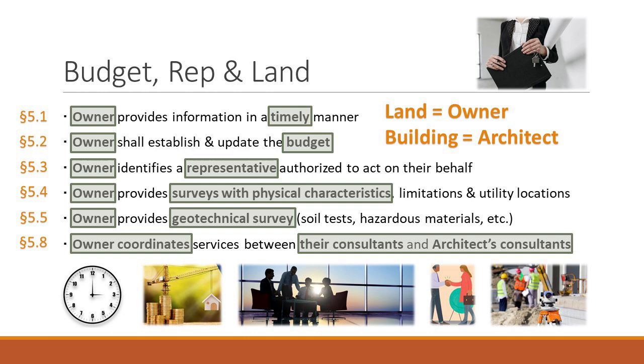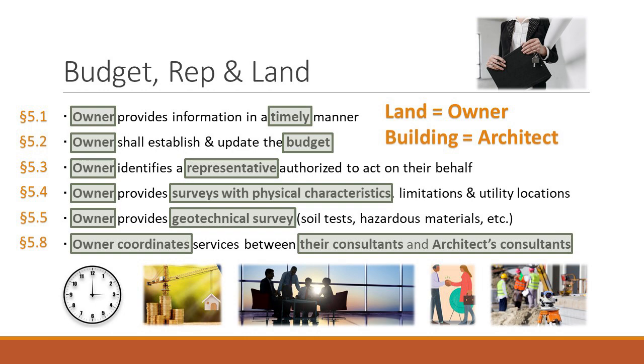5.4 and 5.5, geotech is checking what the soil conditions are. Think about those two as subsets together. They deal with the land, the actual physical property. And so the owner is responsible for getting information about the physical property to the architect.